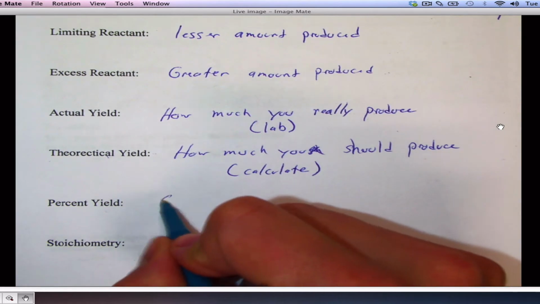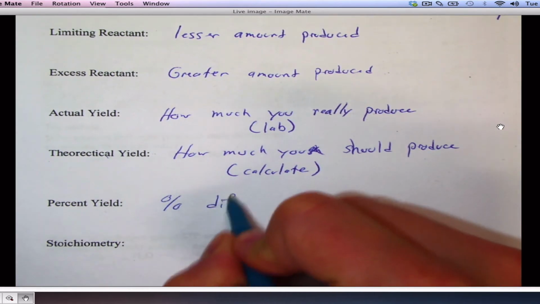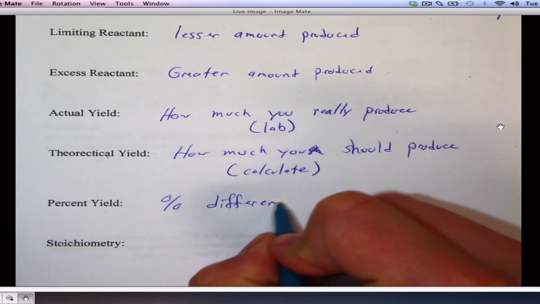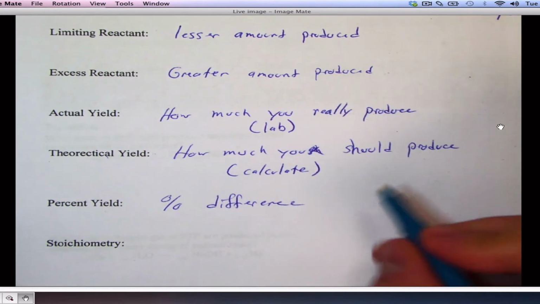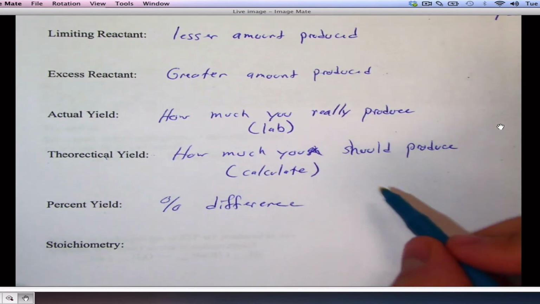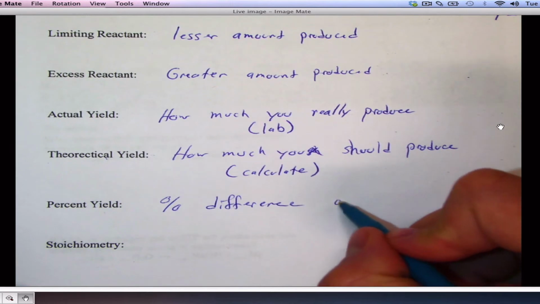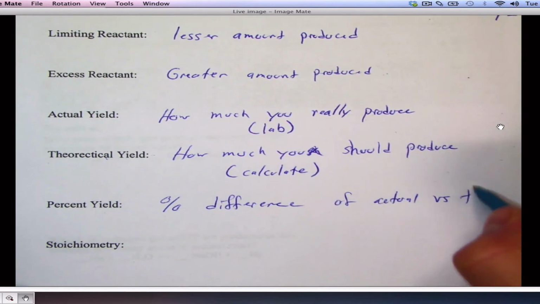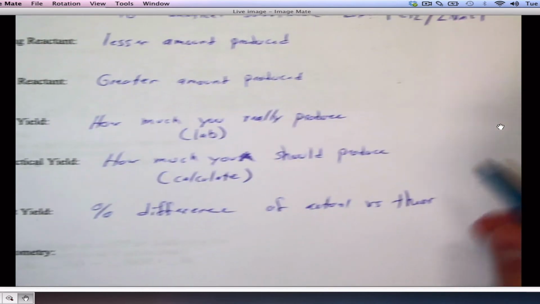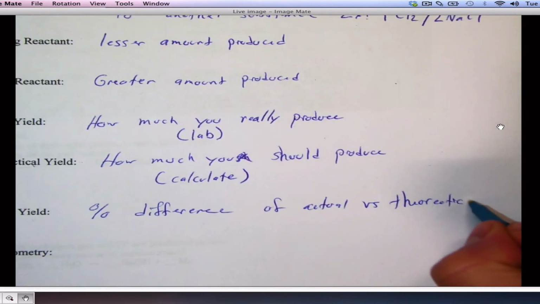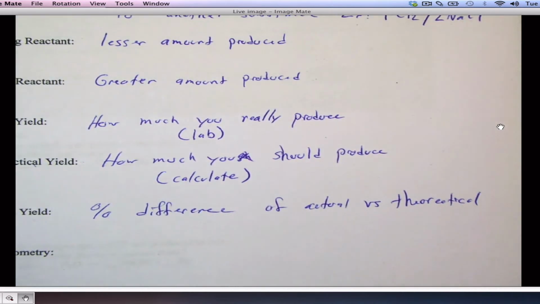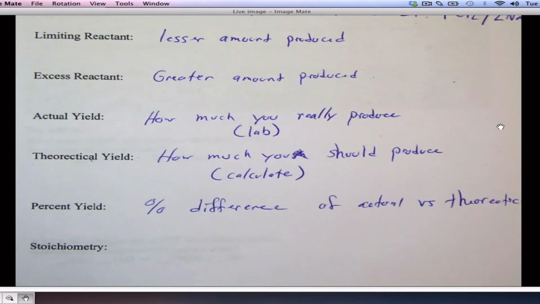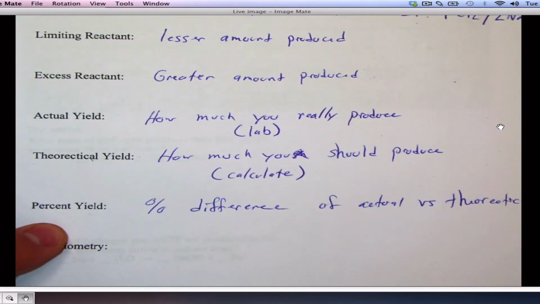It's basically the percent difference of actual versus the theoretical. All right, so there's a percent difference. And there's a formula that's going to go with this, which we'll talk about later.